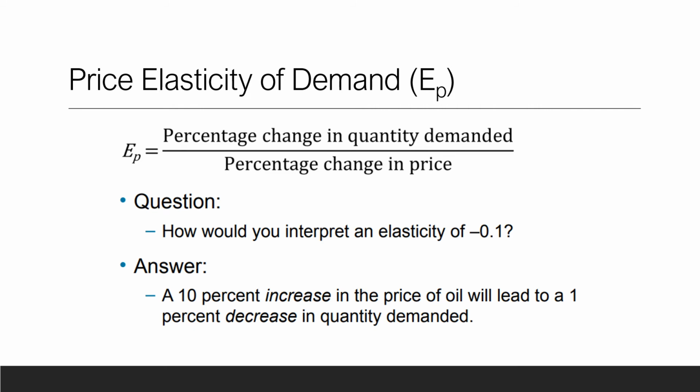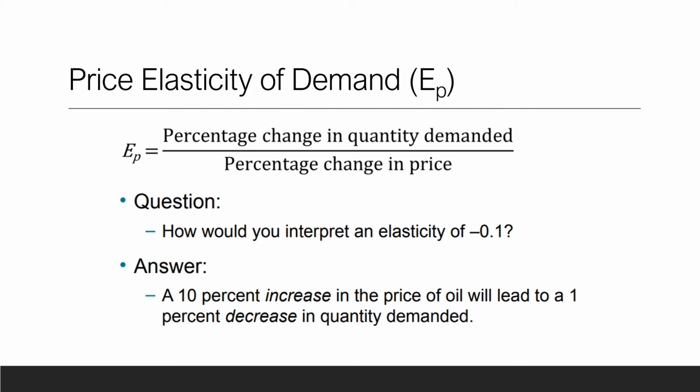So how would you interpret an elasticity of negative 0.1? That's saying a 10% increase in the price of oil, or the price of whatever the good is, will lead to a 1% decrease in the quantity demanded. Now that negative 0.1 is the same thing as 1/10, so 1 as the numerator and 10 as the denominator.